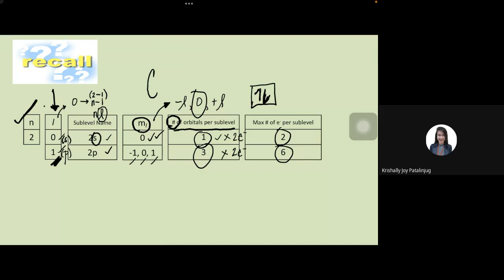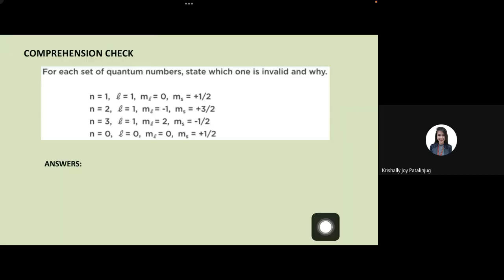And then next, let's try to identify. For each quantum number, you just have to state which part is invalid and why. Actually, the answers are reflected already in your PDF handout, so let's try to answer. If n is 1, is it correct that one L value that you can get is 1? Yes or no?